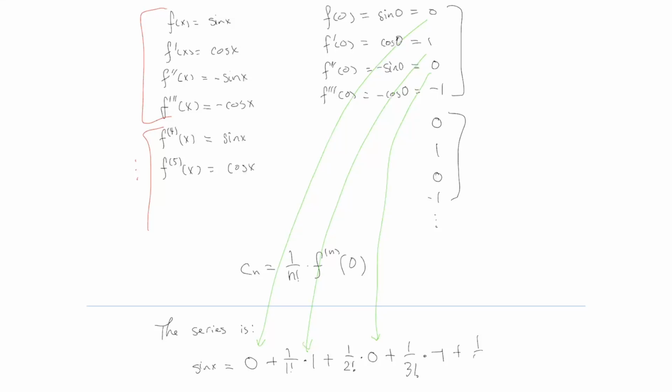The next one will be 1 over 4 factorial times 0. The next one is a 1 over 5 factorial times a plus 1, etc. All right? We use these coefficients up here. You have to also include the factorial thing when you actually write the real series.